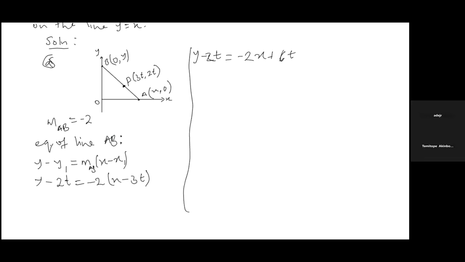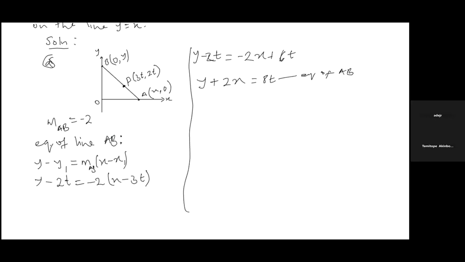So y plus 2x equals 8t. So that's the equation of line AB. Now, I can use this to determine the coordinate of x in A and the coordinate of y in B.